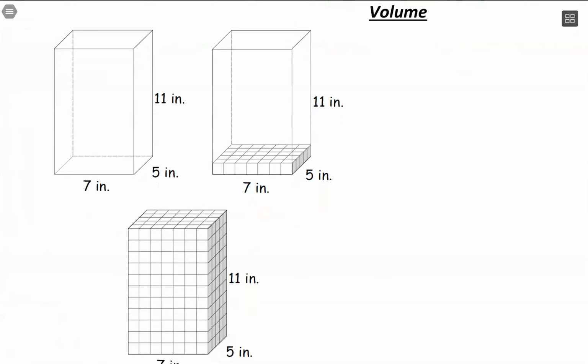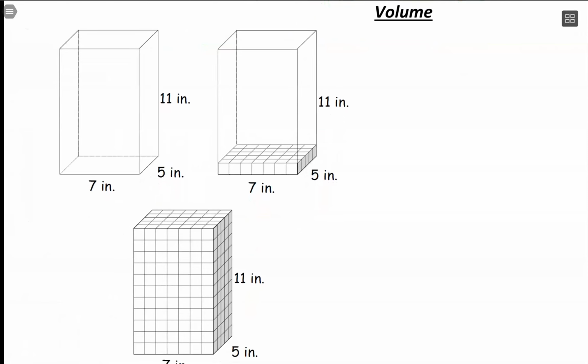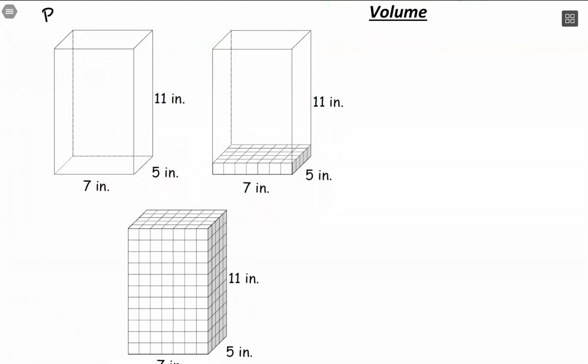And this is just 3 stages of thinking about volume with this image here. This right here would be a rectangular prism. In terms of base here, you can see at the bottom, along there, we have a rectangle. So this would be our base.